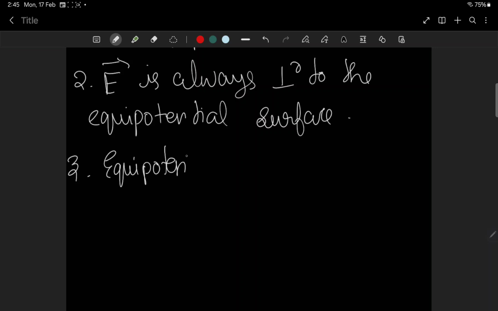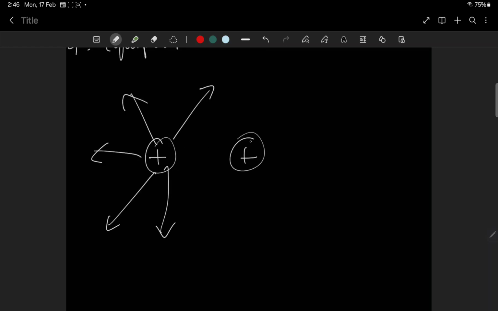Look, if I am taking two charges, and telling that this is an equipotential surface, like this, and how will I draw the electric field?